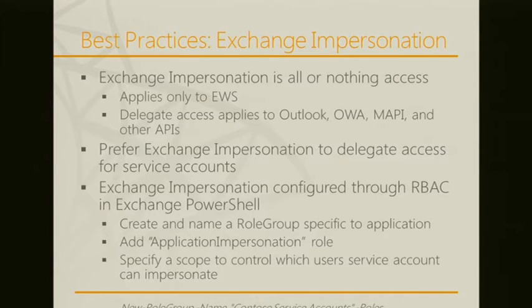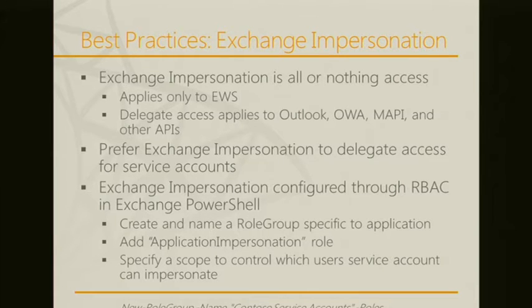Just some best practices, or just to give you some information. Impersonation is all or nothing access. You can't say that you want to access only specific folders or specific properties or attributes of the mailbox. So it's an all or nothing kind of option.